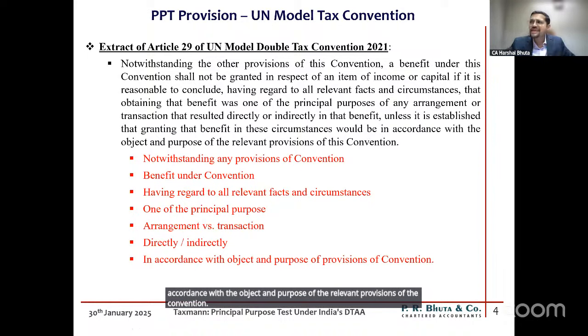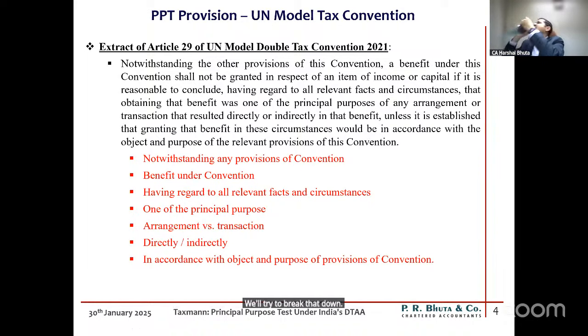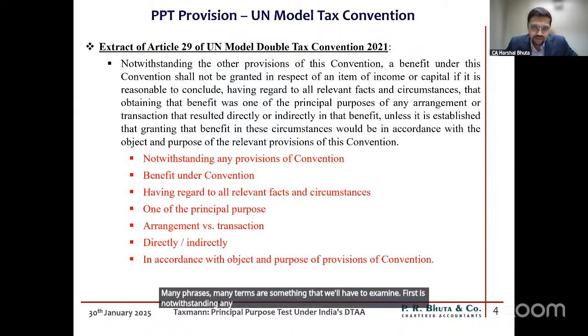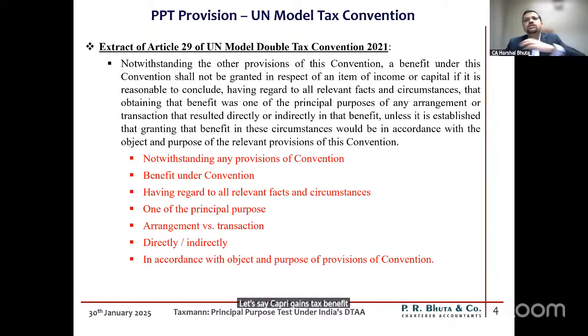We'll try to break that down. Many phrases, many terms are something that we'll have to examine. First is 'notwithstanding any provisions of the convention'. So irrespective of the benefit that would be given under any particular provision, let's say a capital gains tax benefit has been given, overriding that, a benefit under this convention shall not be granted.